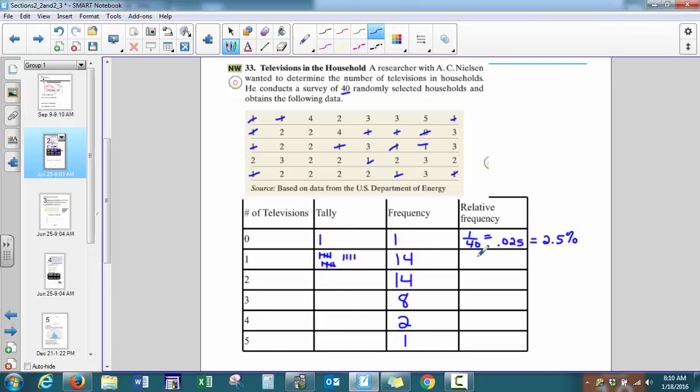The relative frequency for homes with one television, this would be 14 out of 40, which would give us 0.35. If we're converting this to a percentage, this will be 35%. And we continue taking our frequency, dividing it by our total amount.